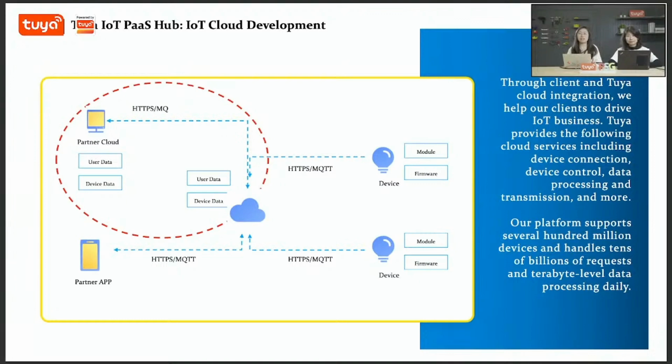Those cloud services carry Tuya's hundreds of millions of device access capabilities, processing nearly more than 100 billion device requests per day. You can imagine this number, right? Plus the average daily gigabytes of data processing capabilities.